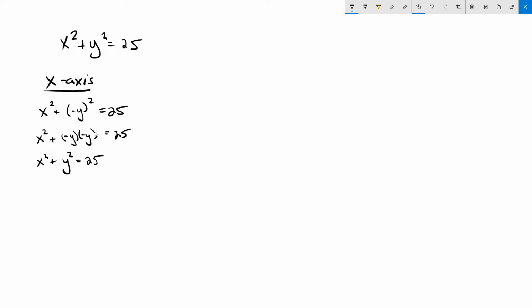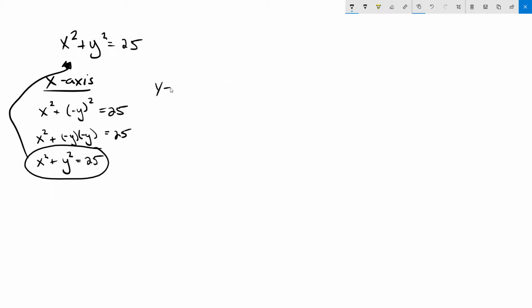So you can see here that actually this one does go back to the original, right? And we can thank the little squared up here for doing that, because when we plug that negative in, that squared turned it right back into a positive, right? So we didn't have to do any manipulation. All you had to do is just simplify, and you got your original equation back. So good. So we confirmed we have x-axis symmetry.